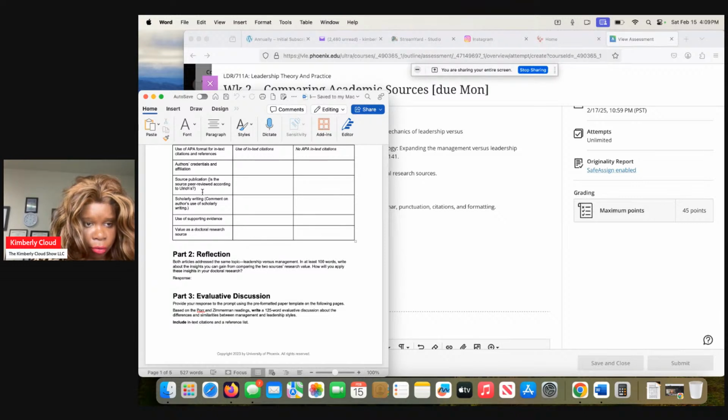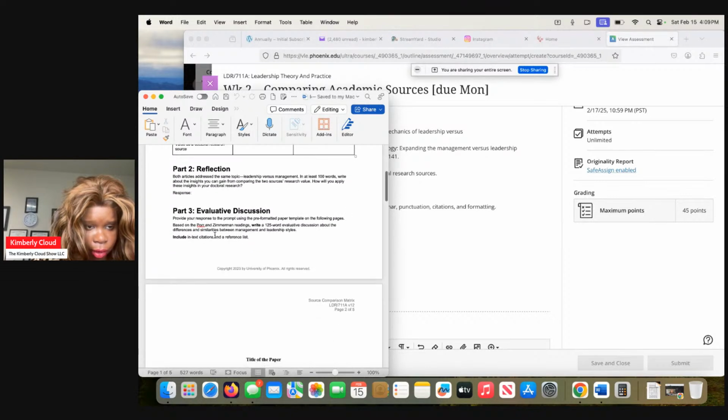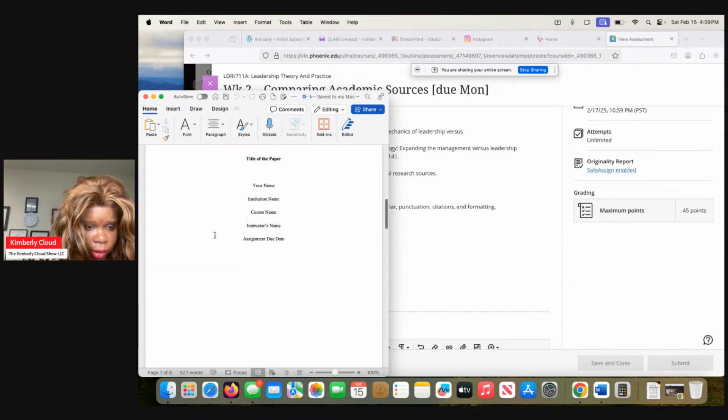Is the source peer reviewed? Scholarly writing. Comment on author use of scholarly writing. Use of supportive evidence. Value as doctoral research source. Part 2 reflection. Part 3 evaluative discussion.